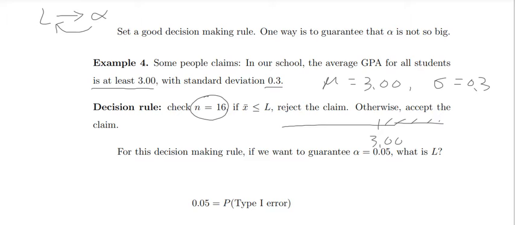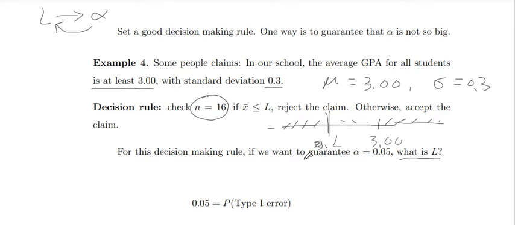If the sample average is too low, like we put the cut point as 2.2, we put the cut point as L. If it is larger than this cut point L, we believe the GPA is good, or we will accept their claim, right? So our question is, what is L? What is this cut point?